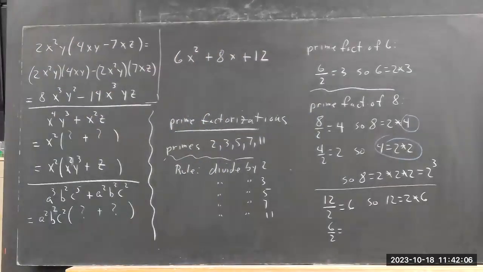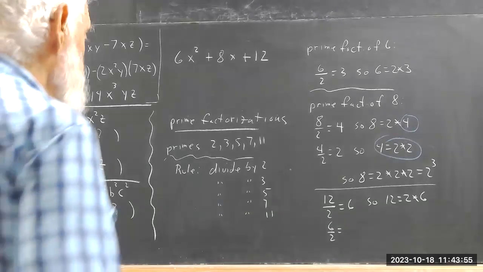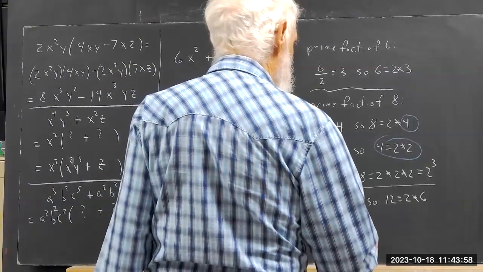And what do we conclude? Okay, so 6 over 2 equals 3.